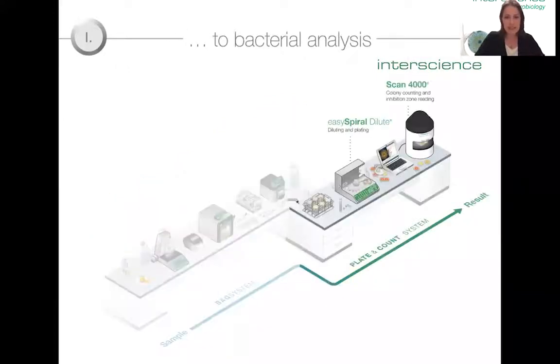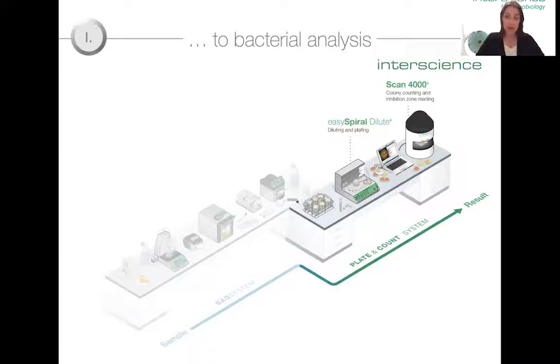And then on the second side of the lab, we won't be talking into details about this today, but once you've extracted that bacterial soup from your sample, you are now ready to plate with an automatic plater on your Petri dish. You incubate that, and then you count on an automatic colony counter, which is linked to a software that would analyze your bacterial load of your sample.